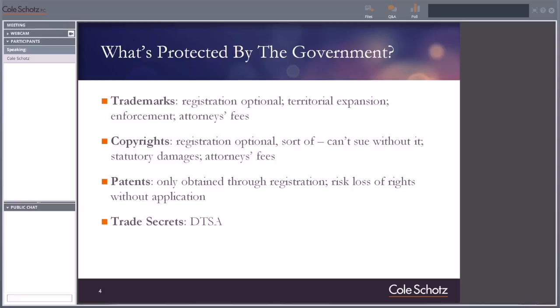There are also some very significant benefits that come with registration in the form of statutory damages and the availability of recovering set amounts under the statute rather than having to prove specific damages. That could be very significant if you have a case, say, where your website content has been copied by someone and it might be difficult for you to prove the value of that content, and certainly could be expensive. You have the ability to opt for statutory damages.